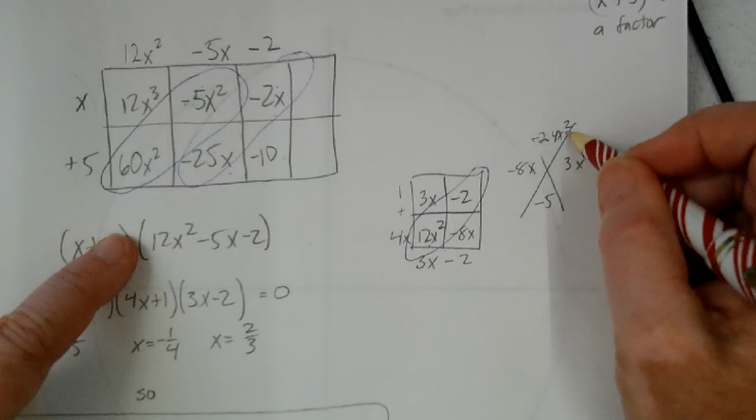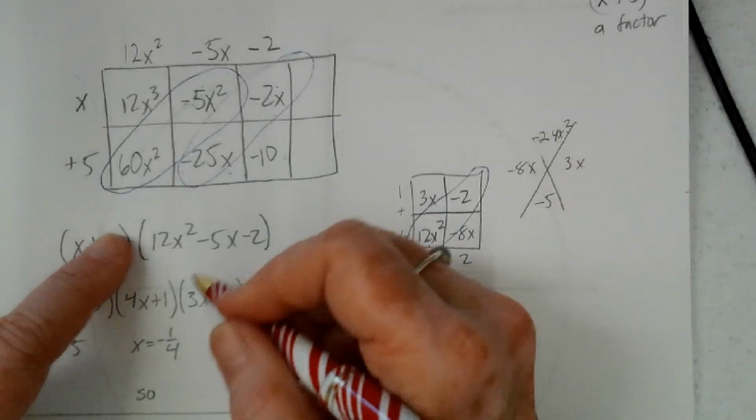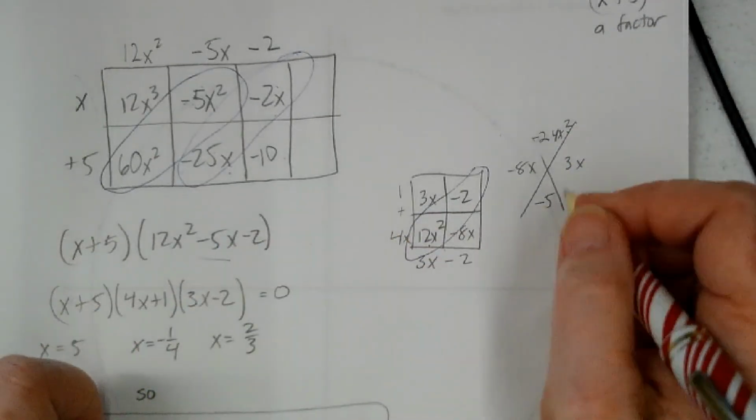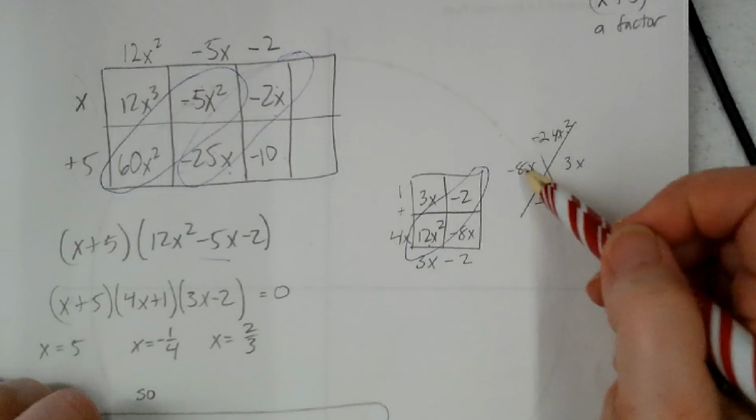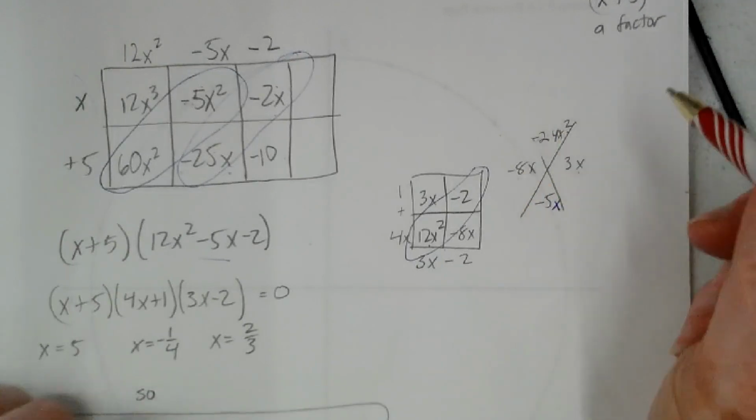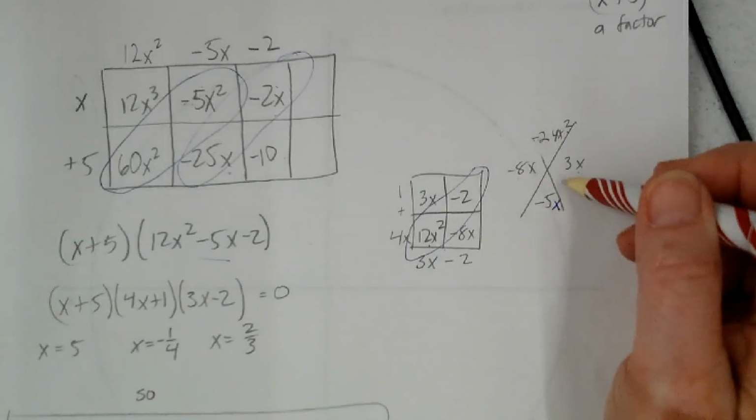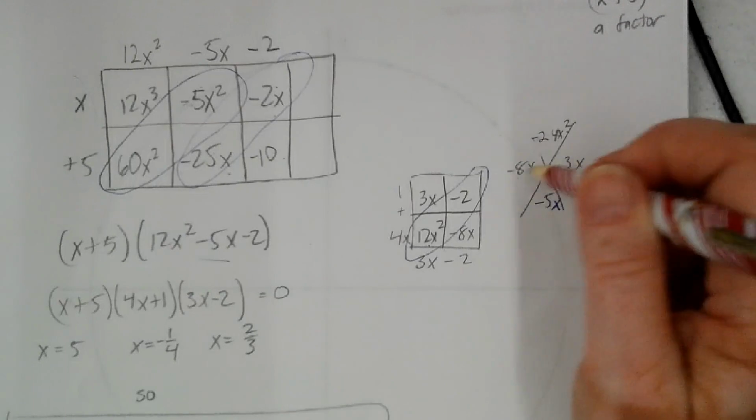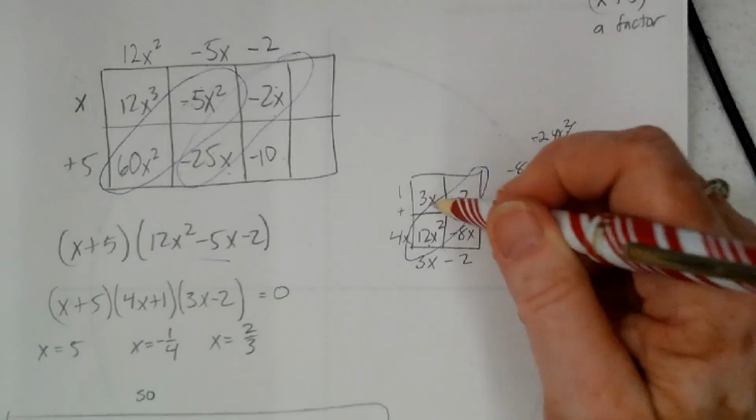And then I want to find what add up to -5x. So I thought of two numbers that multiply to make -24 and add to make -5. The 8 and 3 worked, and then I stuck them in the box.